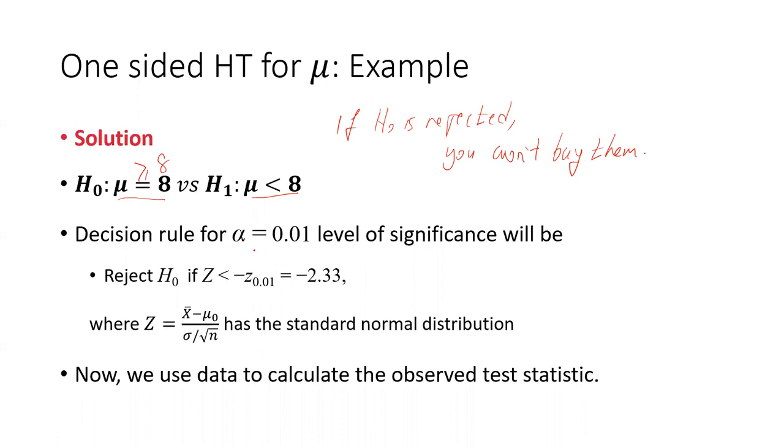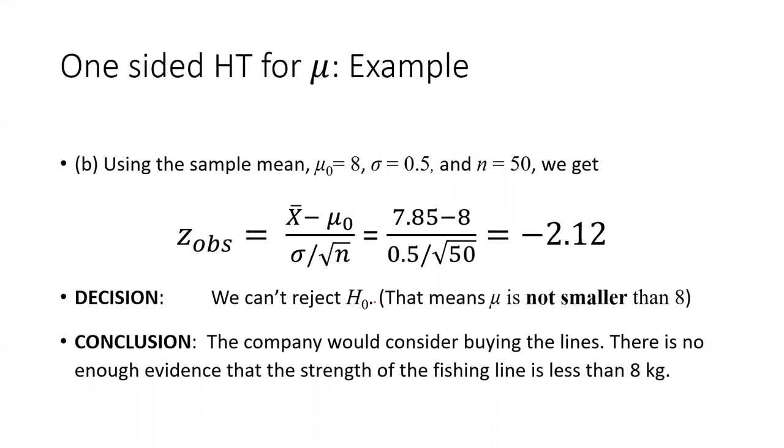For z sub 0.01, the value is equal to minus 2.33. Remember, this is my test statistic, x bar minus mu 0 divided by sigma over root 10. So what is my z observed? Just put the values there: 7.85 minus 8, which comes from the null hypothesis H0, and sigma is 0.5.